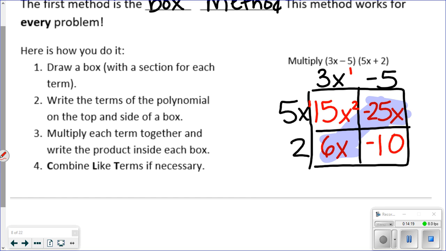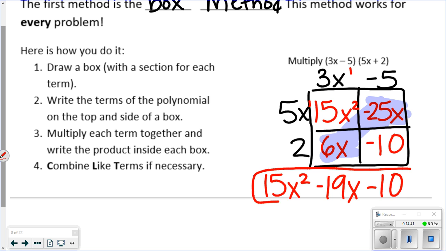I'm going to leave the 15x squared alone because there's nothing to combine it with. But then think, what is 6 minus 25x, or -25x plus 6? We get -19x. And then lastly, I have -10 at the end. That's my constant term, and there's nothing to combine it with.